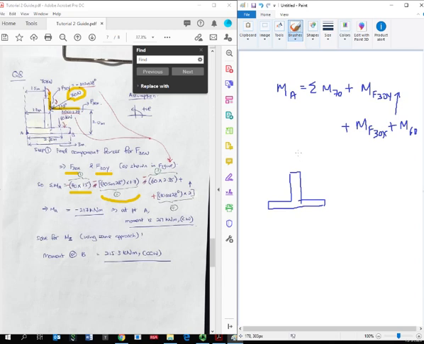My y component is measured at this point, and this distance perpendicularly away is 1.7.